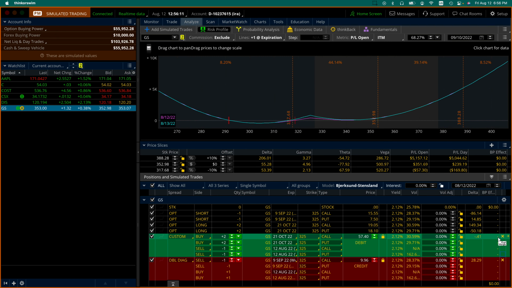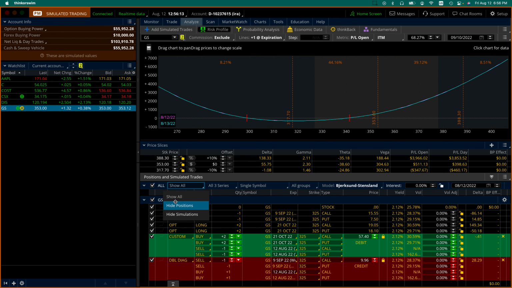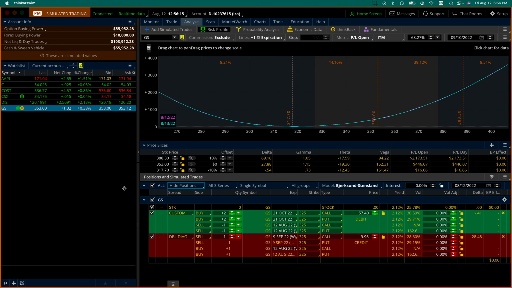And we can hide the position, and this is our current trade, $441. You can see that we have only one short and one outstanding. What I mean by outstanding is you take the long, subtract the short, and what you end up with is called the outstanding. You have one outstanding call, one outstanding put.